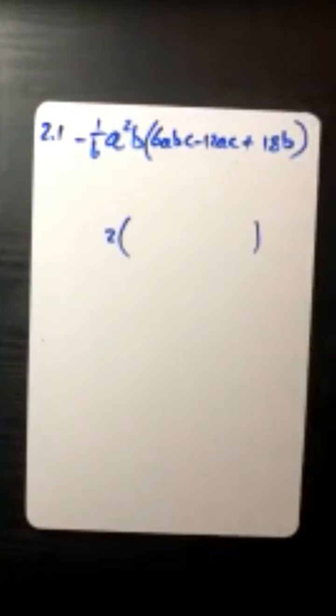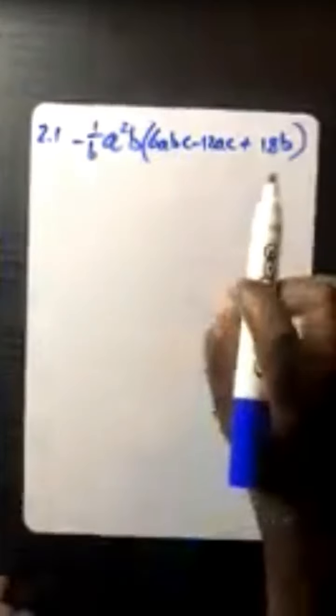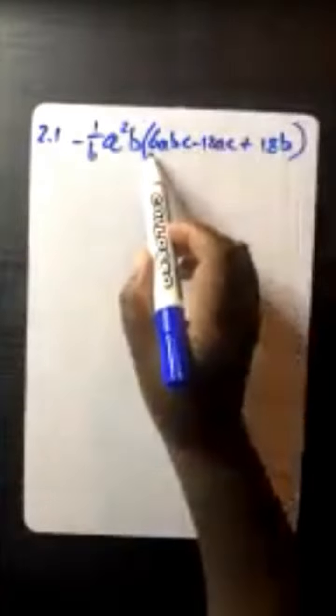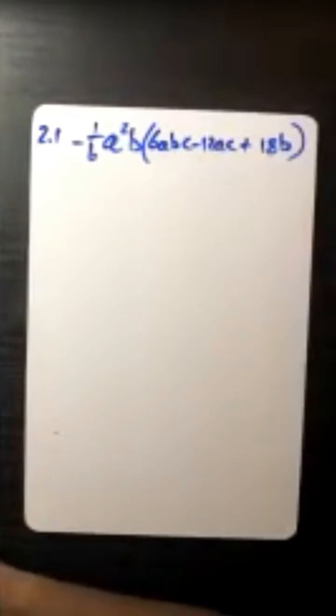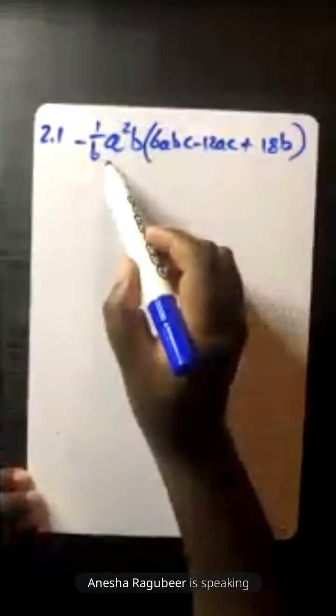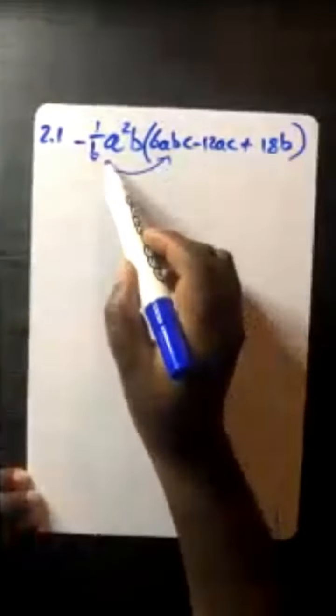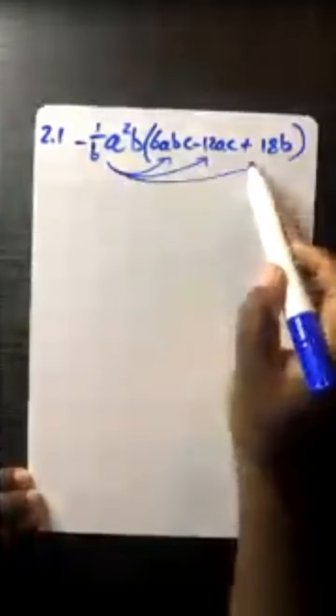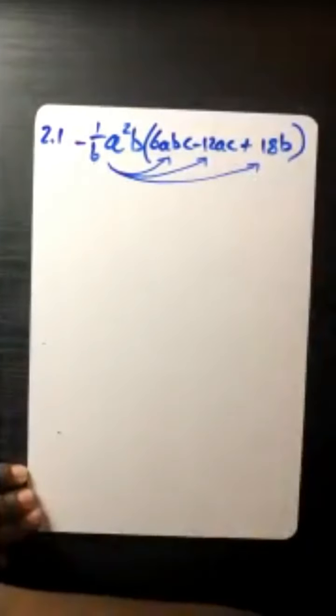So don't be intimidated when you see it being that long. So now let's start. How many terms are there inside the bracket? 3. It's 3 terms. So obviously that means we're going to say that multiplied by that multiplied by that multiplied by that. Do you agree? Yes, sir.